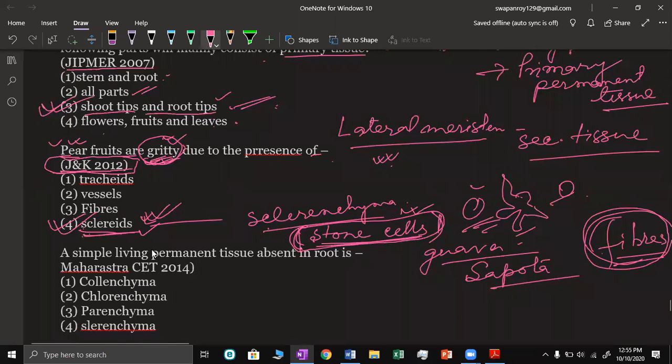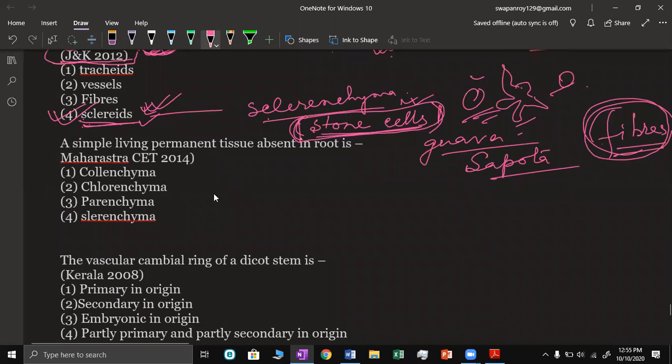Here is the next question: which simple living permanent tissue is absent in root? This was asked in Maharashtra CET in 2014.